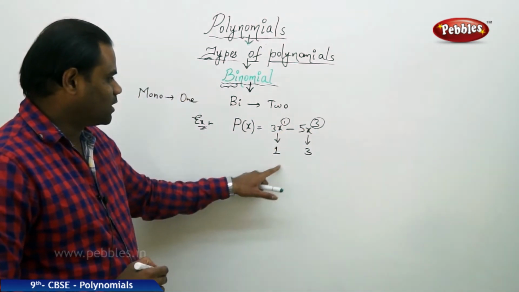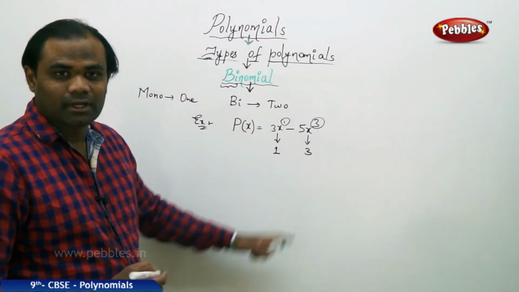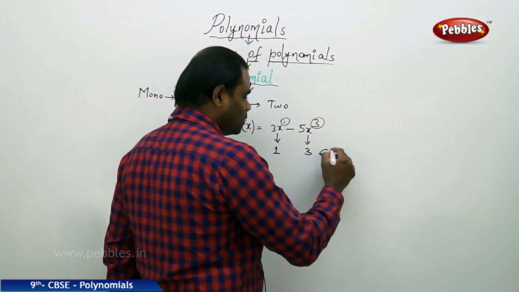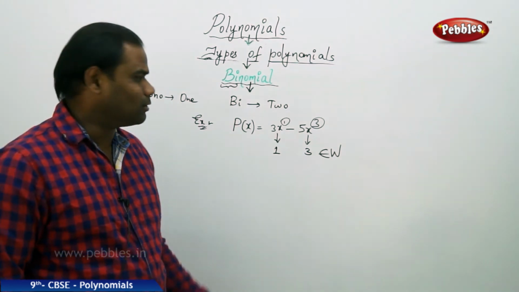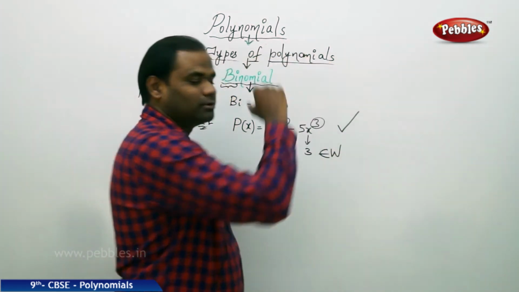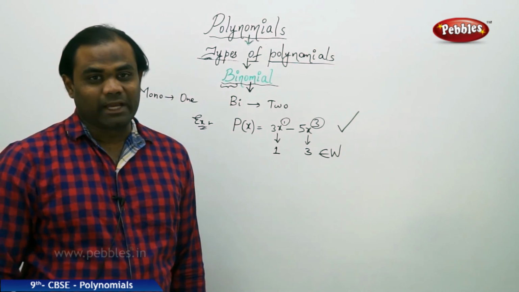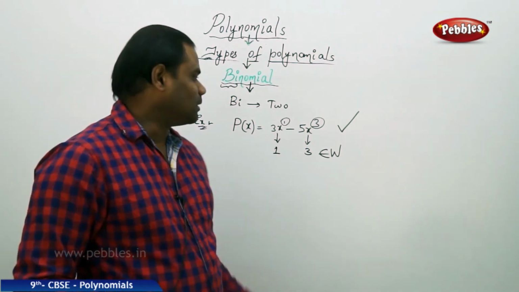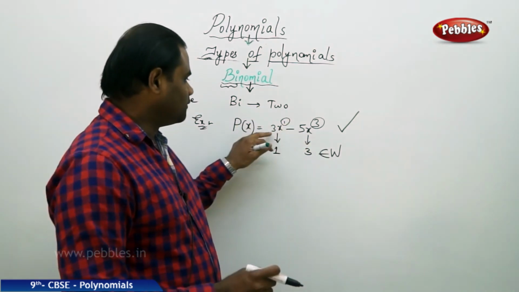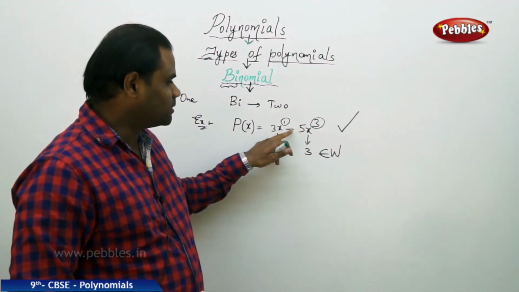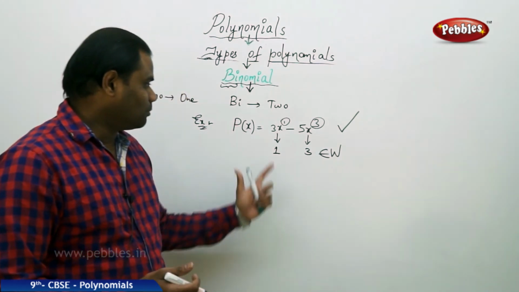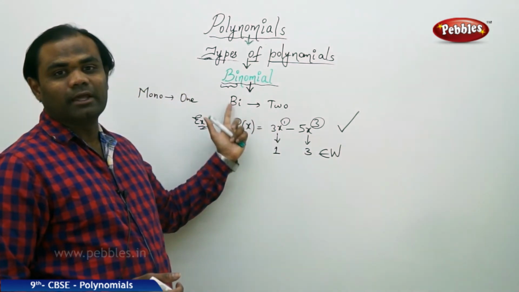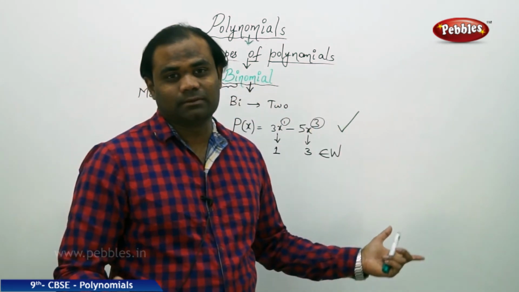The power of x is 1 and the power of x is 3, and we know that 1 and 3 both belong to whole numbers, and therefore by the definition of a polynomial, this is a polynomial. Now exclusively, this is a polynomial of 2 terms, the first term being 3x and the second term being negative 5 times x cubed. So a polynomial which has 2 terms, which is bi, is hence a binomial.